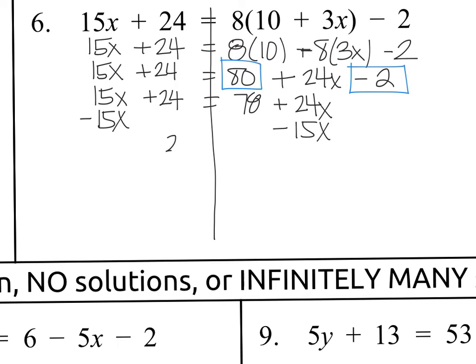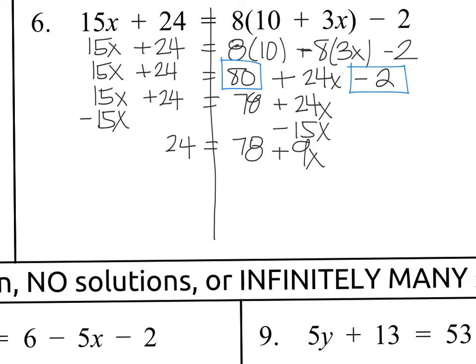On the left, you would have 24 equals 78. 24 minus 15 equals 9x. Now it's just a two-step equation. You can manage from here. I have confidence in you. You should have confidence in yourself.